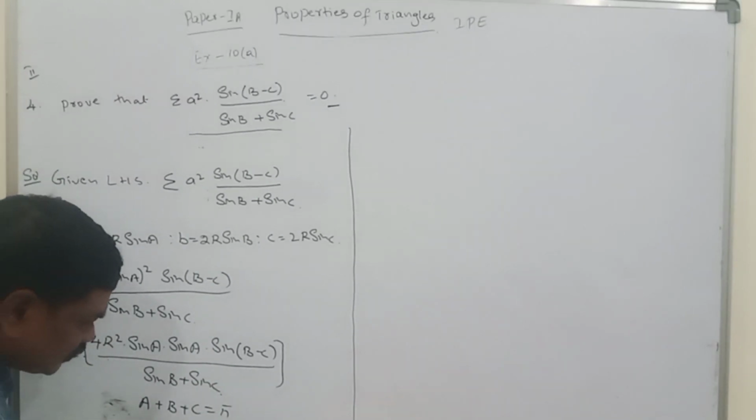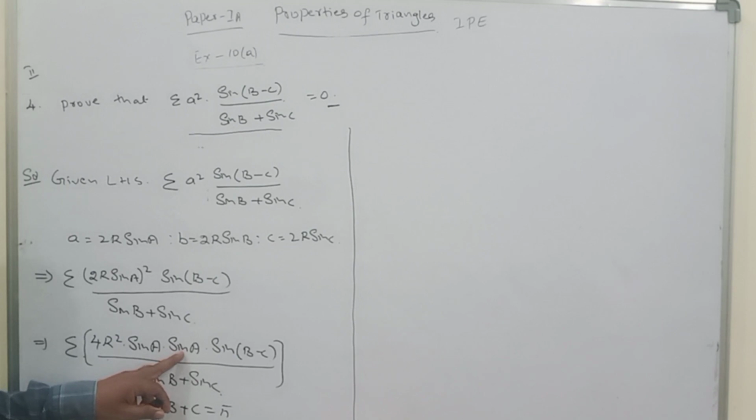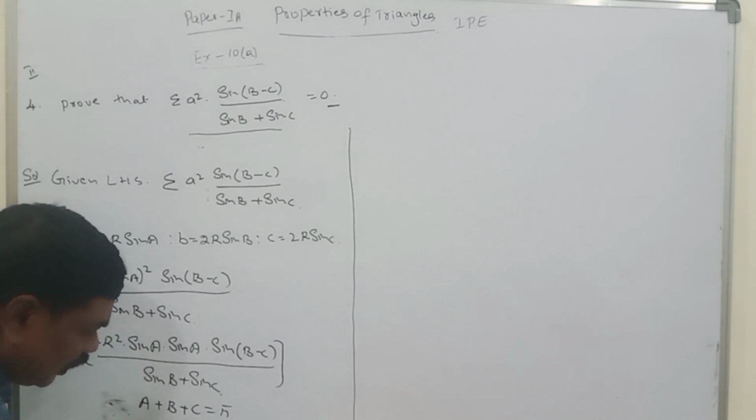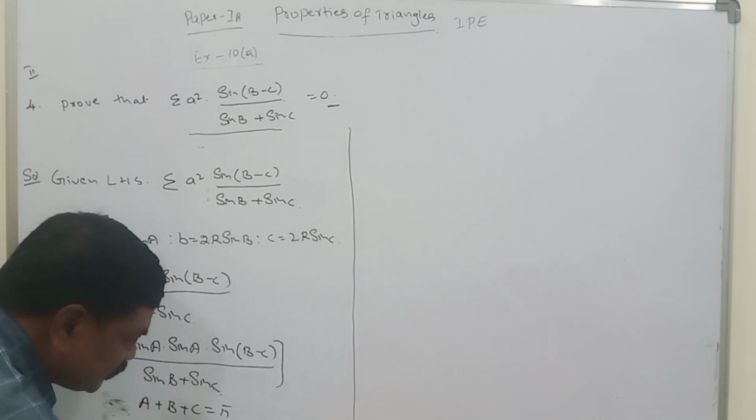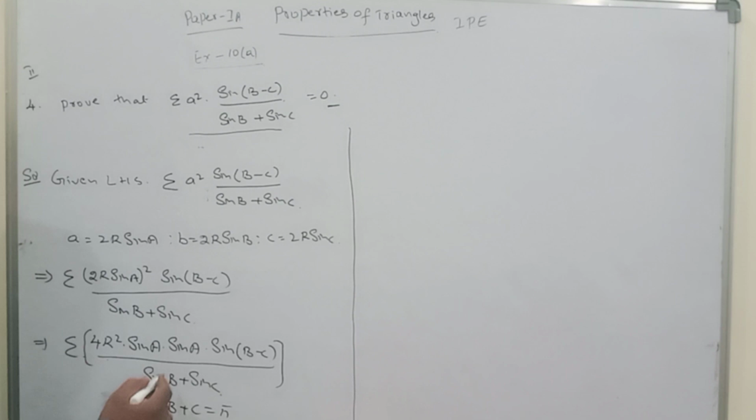Sin of pi minus A is equal to sin A. So instead of sin A, we have to substitute sin of B plus C. Similarly, sin of A plus B is equal to sin C, and sin of C plus A is equal to sin B. So instead of sin A, you have to substitute the value sin of B plus C.